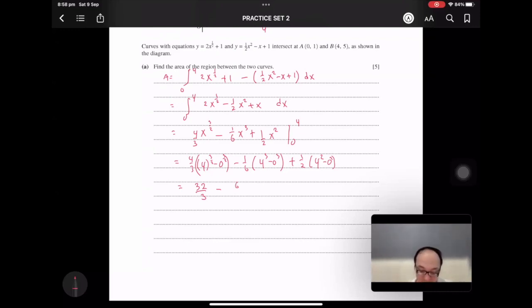So 64 over 6. I can simplify this by dividing by 2, 32 over 3. And then plus 4 squared is 16, 8. 8, yeah? So the area is 8.